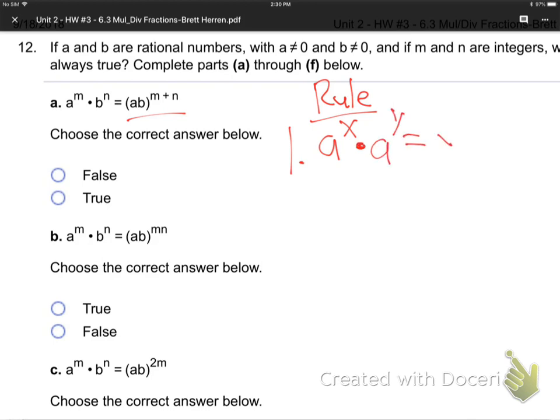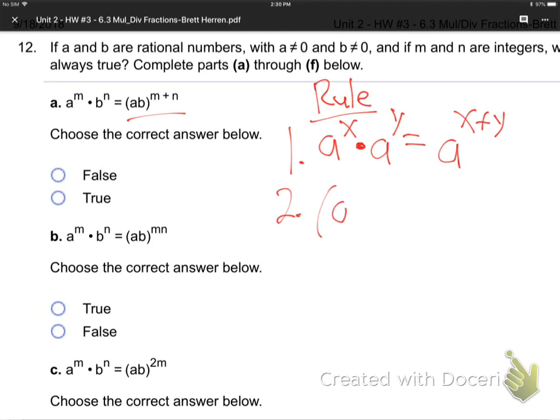That's like what we just did. And that's one of those to the x plus y, right? Same bases times powers. That's what we just did with the 3's, right? We had 3 to the 2, 3 to the 7, 3 to the 2 plus 7. Okay, that's the first rule.